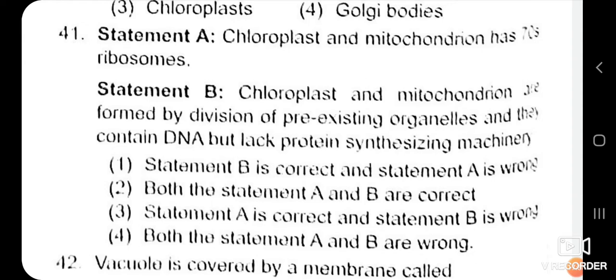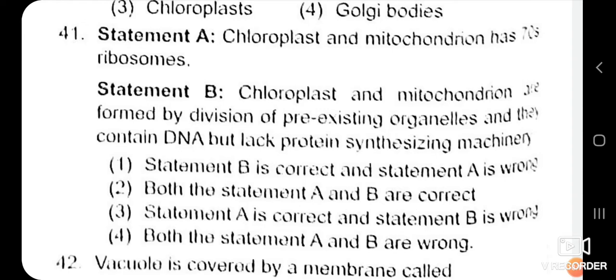Now, first statement is correct, no doubt, but the second statement is wrong because chloroplast and mitochondria are formed by division of the pre-existing organelle and they contain DNA but lack protein synthetic machinery, means they do not have ribosome.